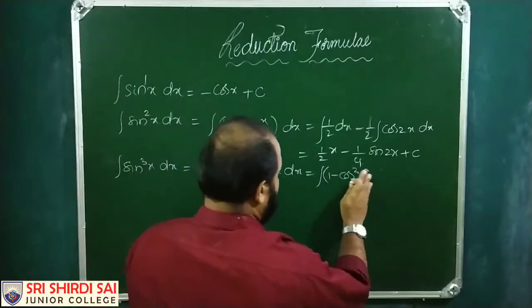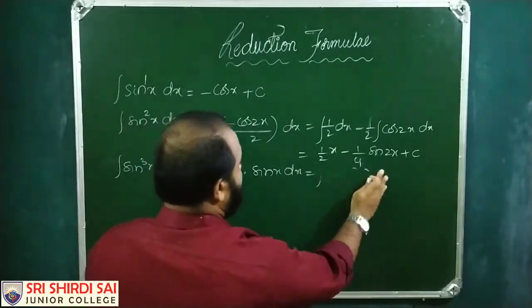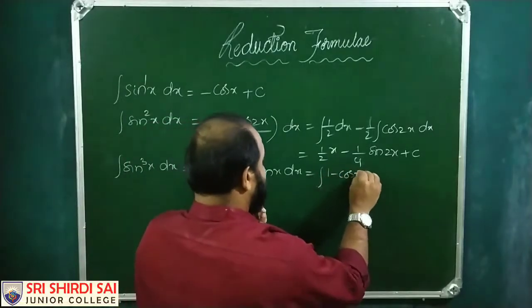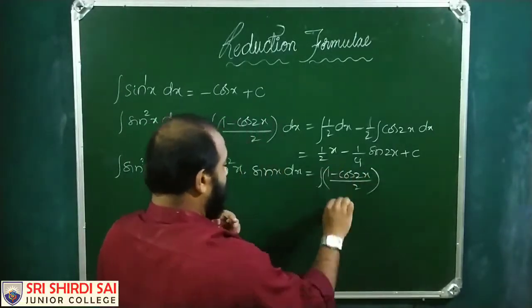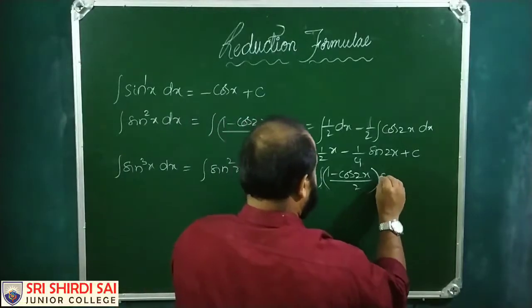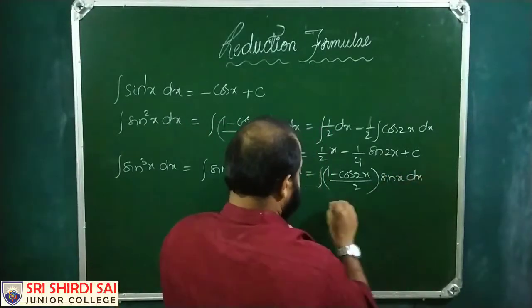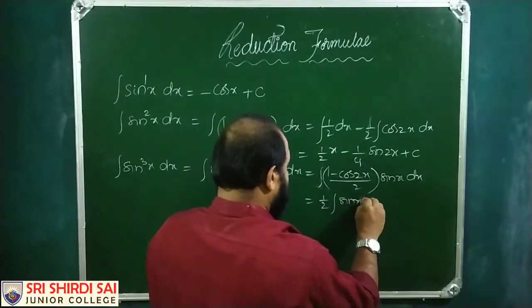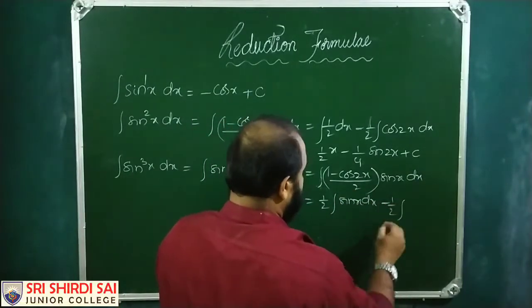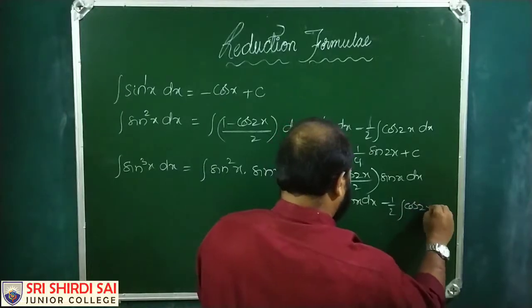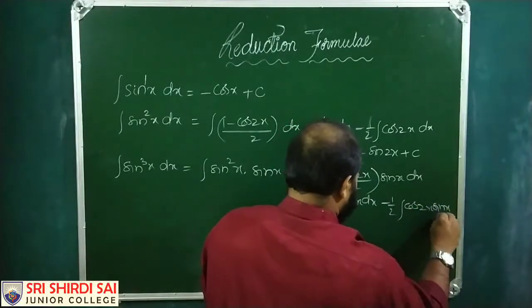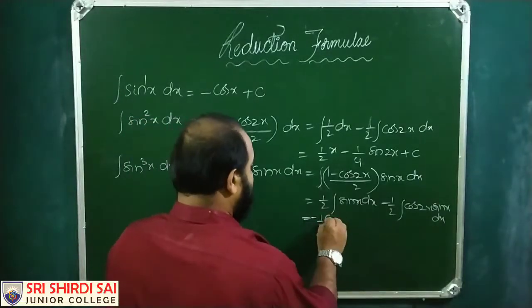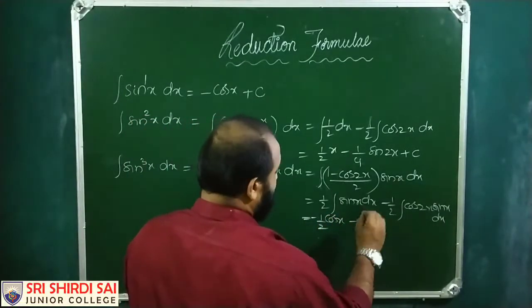Otherwise, this sin square x can be written as 1 minus cos 2x by 2 into sin x dx. So 1 by 2 integral sin x dx minus 1 by 2 integral cos 2x into sin x dx. So this is 1 by 2 integral sin x is minus cos x minus 1 by 2.